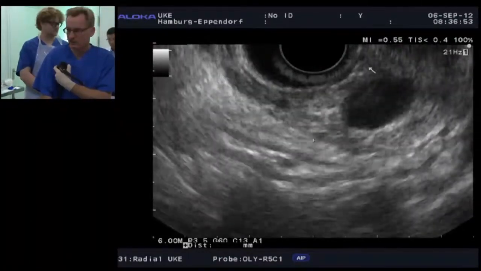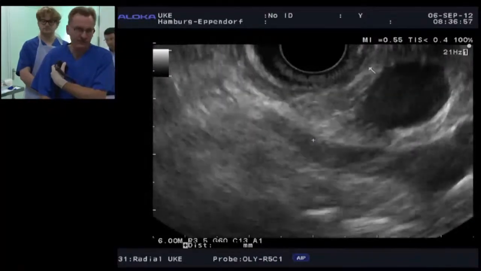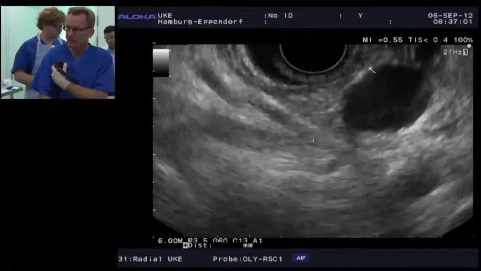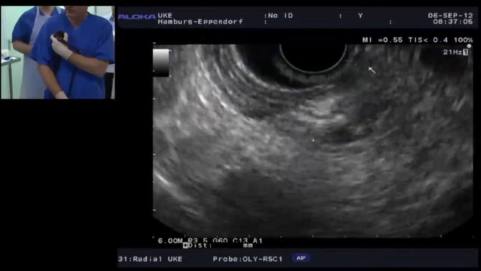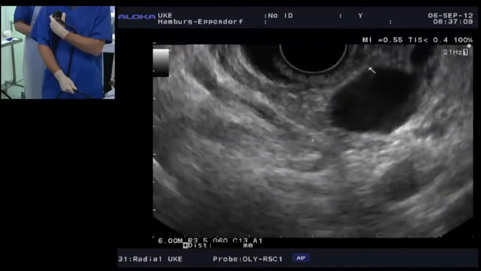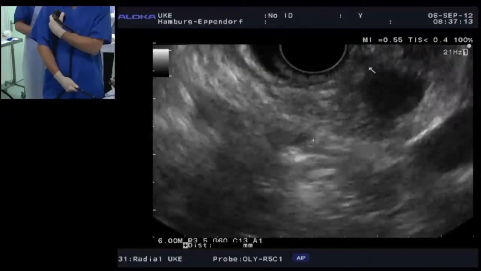80 years old. So in my opinion, this is a case for control, and we would suggest the patient come back in 6 months again and check with the echo endoscope again to look whether there are some changes with solid lesions, or to check whether there is an increase in size of this lesion.